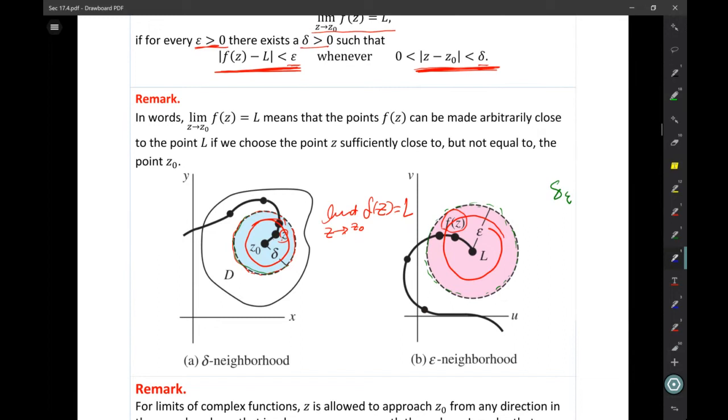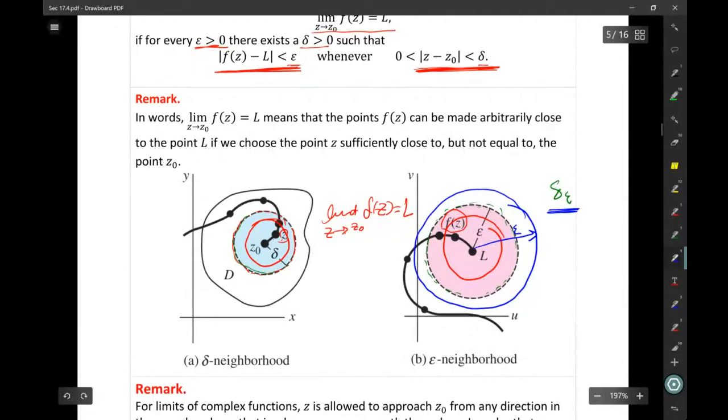Therefore, for each epsilon, you will find its corresponding delta, which means that delta will depend on the value of epsilon. Each time it will change. I mean, if epsilon is bigger, then you should have another delta around z naught, such that every complex number within the delta neighborhood around z has its image in this epsilon neighborhood around L.